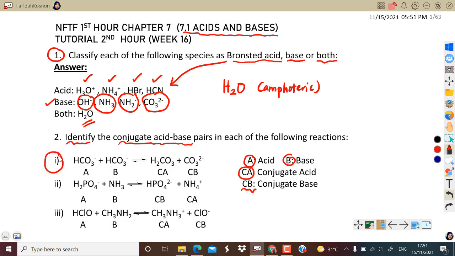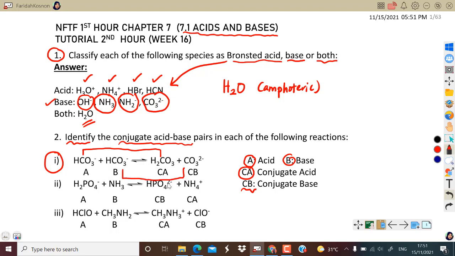Okay, let's start with question number 1. Let's say you refer to the bicarbonate ion HCO3 minus. It is converted to this species, while another one, bicarbonate ion, is converted to carbonate ion.